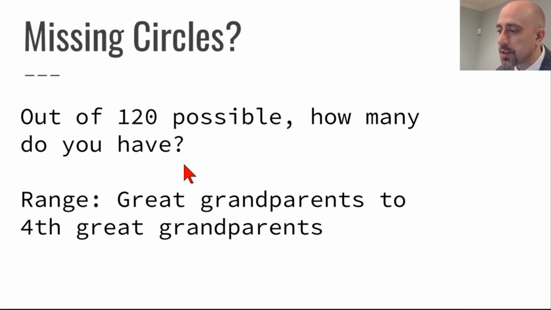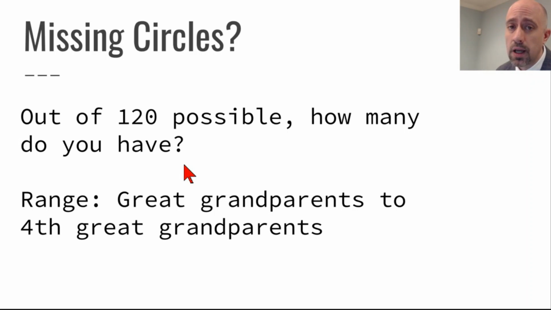I want to address the issue of what I call missing DNA circles. If you look at your family tree, the range of possibility for DNA circles runs from your great-grandparents' generation through the second greats, third greats, and fourth greats. So that's the range. You have the range of great-grandparents to fourth great-grandparents, unless you've tested members of other generations of your close family.